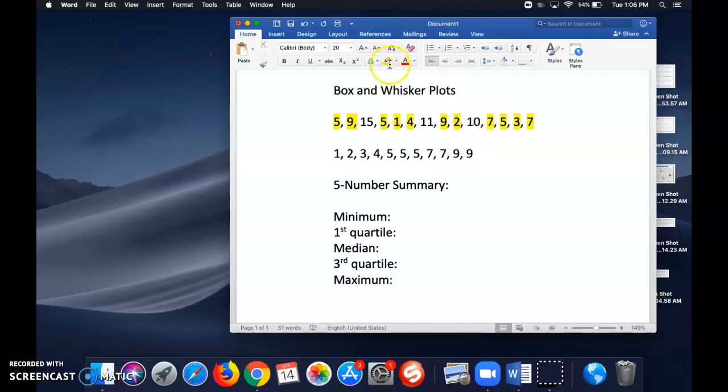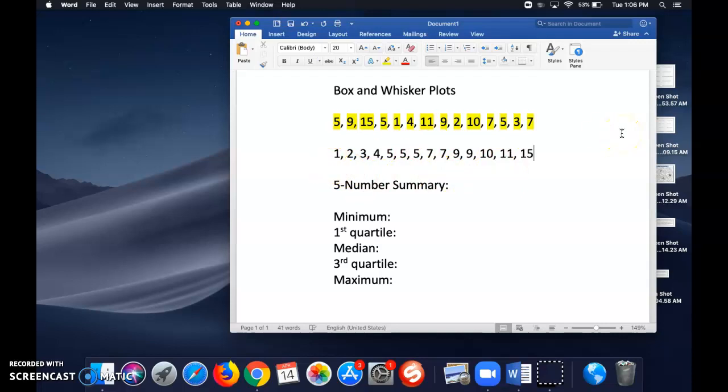Then I see a 10, 11, 15. So I'm going to highlight those in order: 10, 11, 15. So that's your first step.